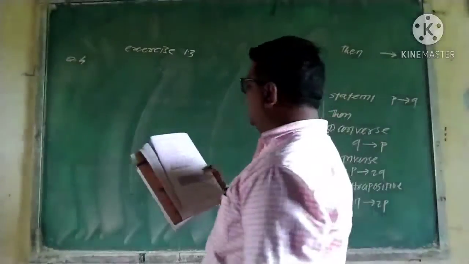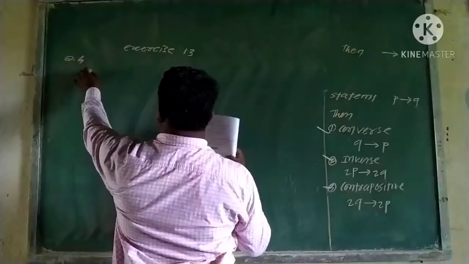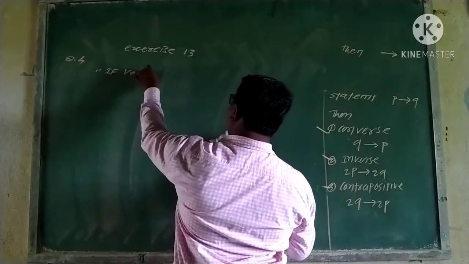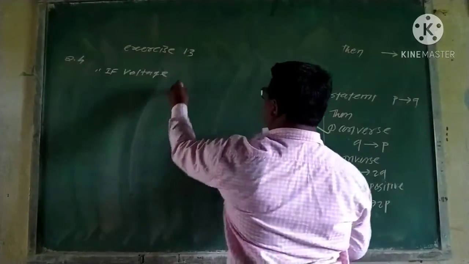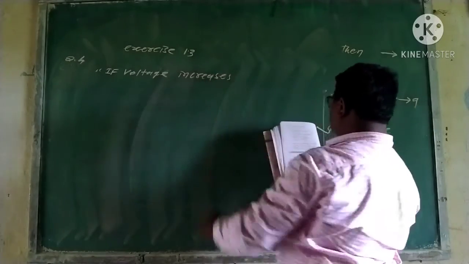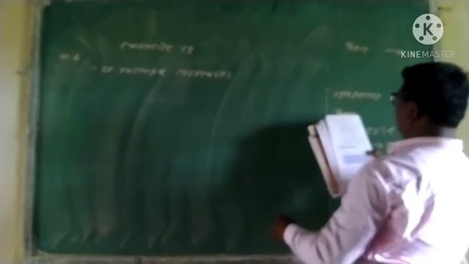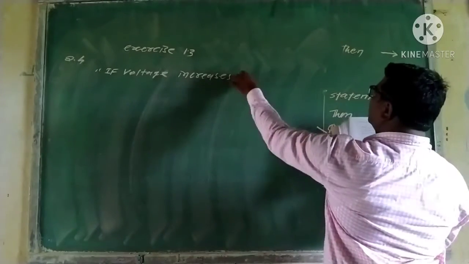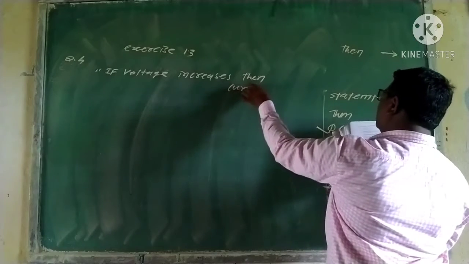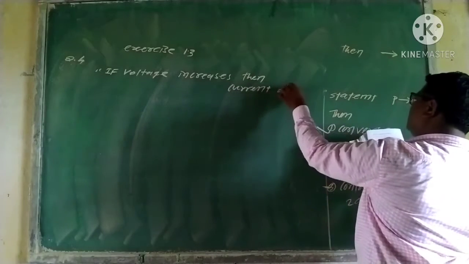Now the given statement is: if voltage increases, then current decreases.